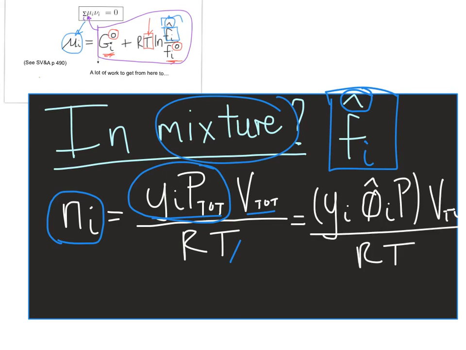For a real gas, we have to realize that the total volume will be influenced at that pressure by the fact that there are interactions between like and unlike molecules. Once again, we introduce a correction factor to compensate for the interactions between molecules. In this case, since it's in a mixture, this fugacity coefficient in the mixture is a function of the composition.